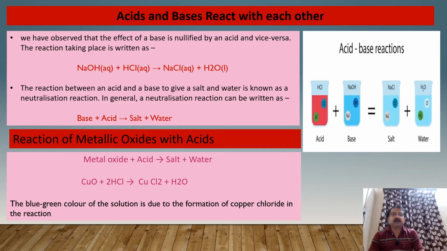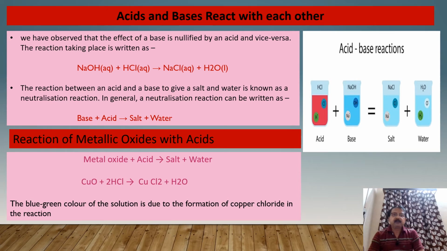Next is reaction of metallic oxides with acids. How metallic oxides are behaving when they are mixed with acids. So here we'll see metal oxides plus acids mixed and giving the result as a salt plus water.